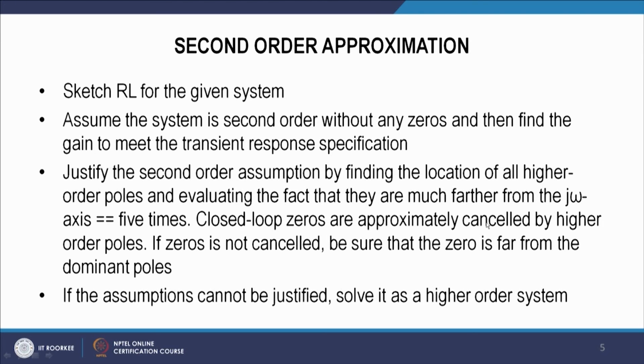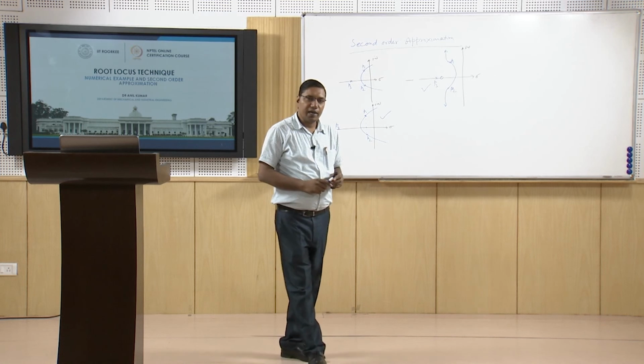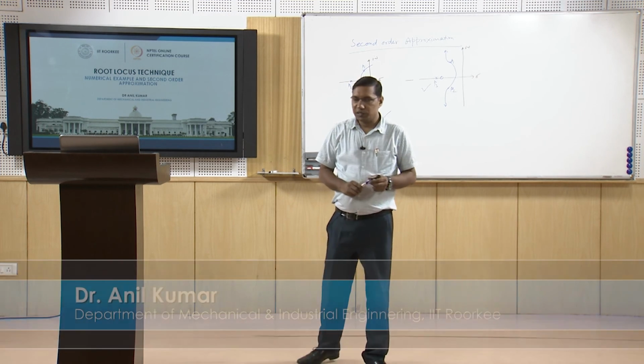Closed loop zeros are approximately cancelled by higher order poles. If a 0 is not cancelled, be sure that the 0 is far from the dominant poles. If the assumptions cannot be justified, we can't approximate it as a second order system, and this will act as a higher order system.